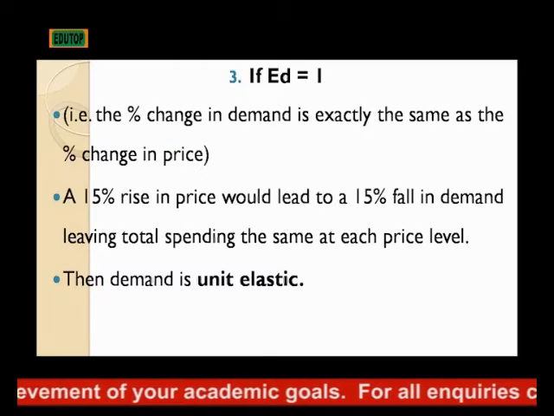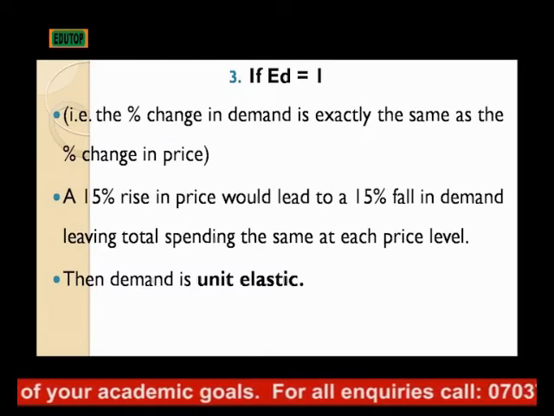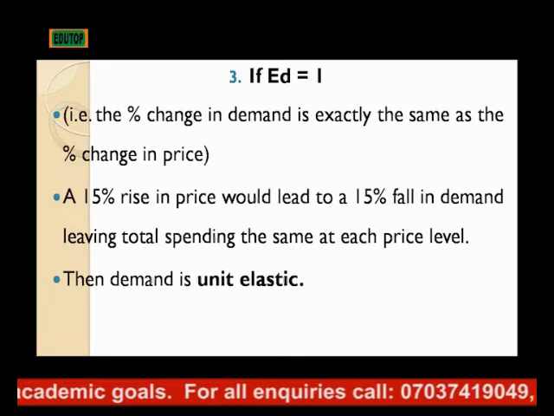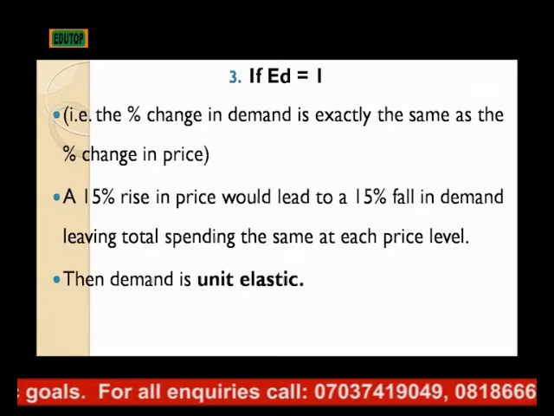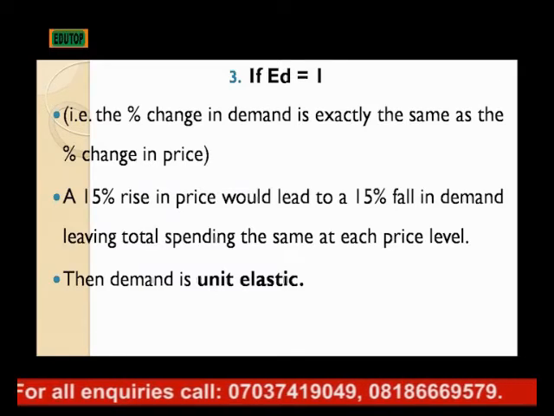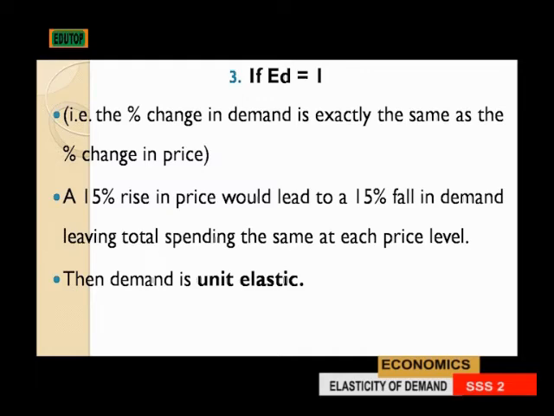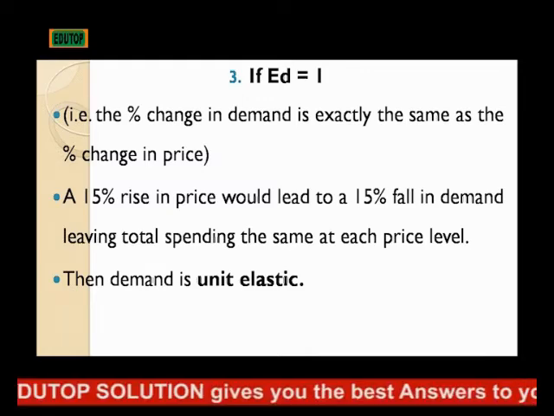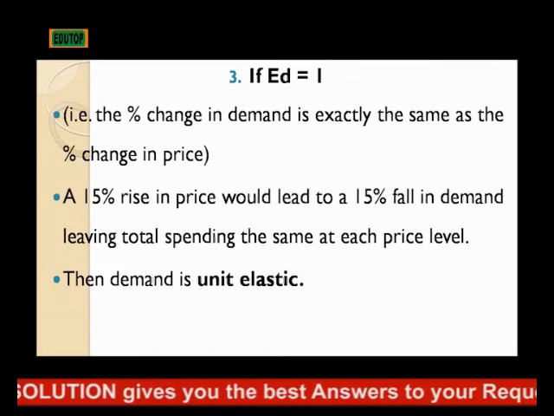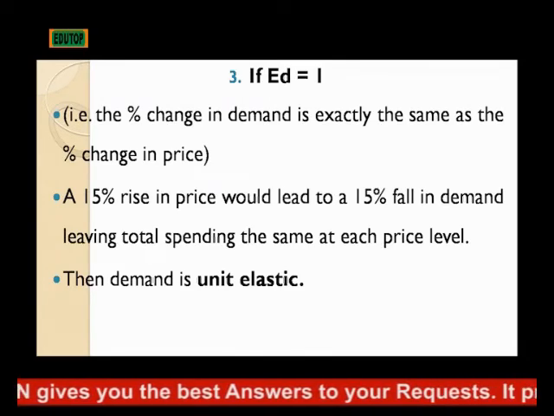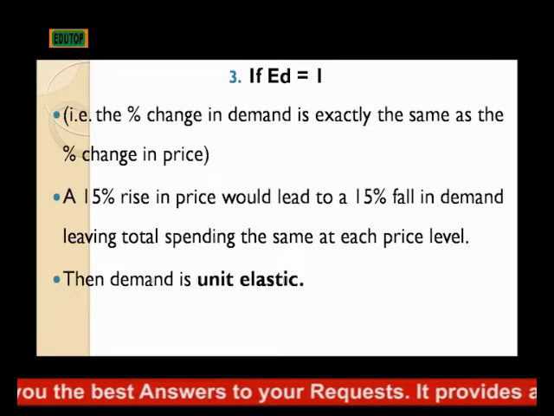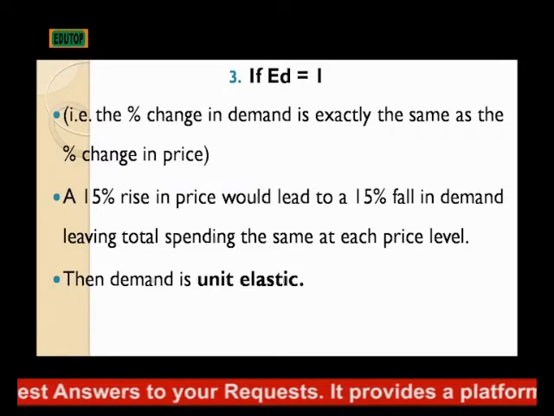But in the case whereby the elasticity of demand is equal to 1, that is, after the calculation using the formula, we discover that the answer is equal to 1. In that case, we say the demand is unit elastic. That means there is a kind of equal change in quantity demanded and price.